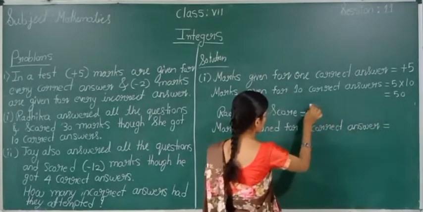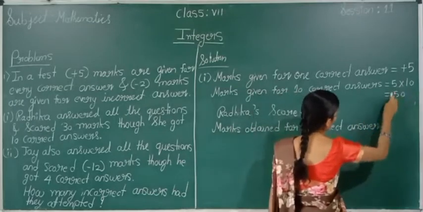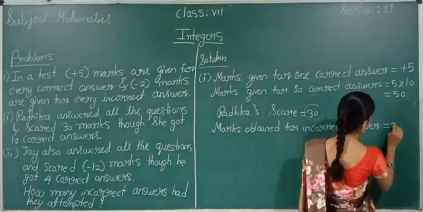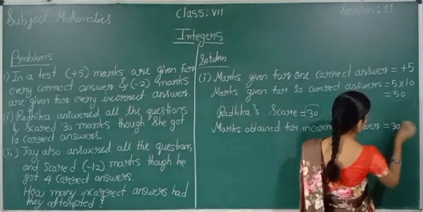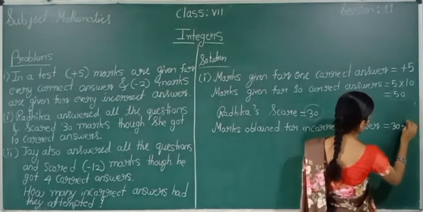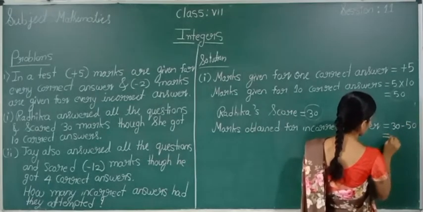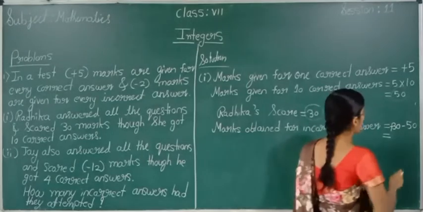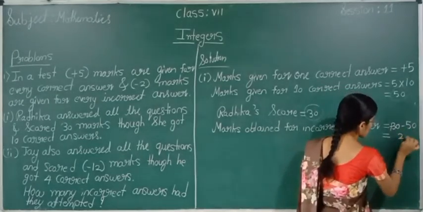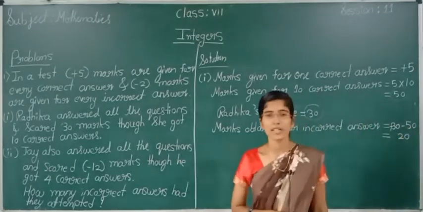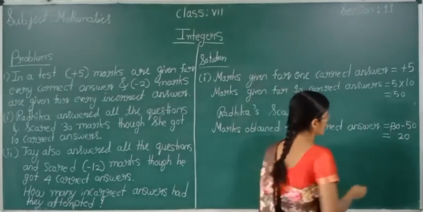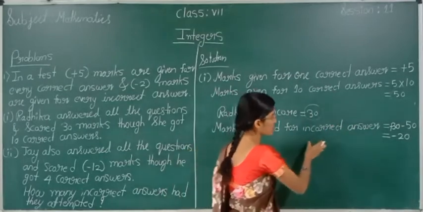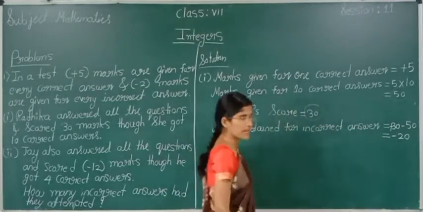Her total score is 30, and for correct answers she got 50 marks. What we will do is a subtraction. Plus minus is minus. 50 minus 30 is 20, and 50 is the bigger number, and it has the minus sign. Marks obtained for incorrect answers is -20.